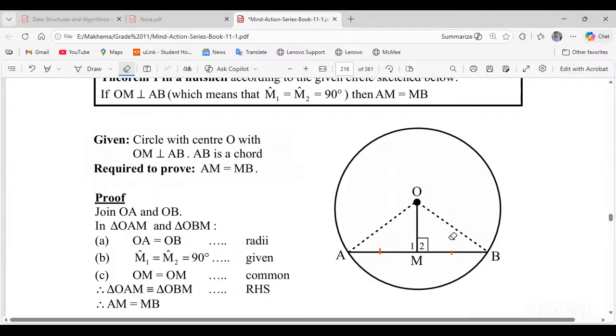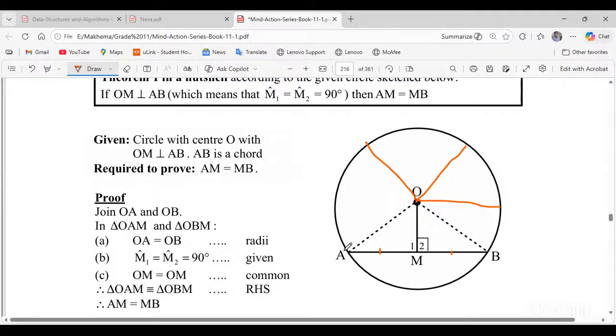The first thing that we know is that OA is the radius and OB is the radius. If the radius is 2 centimeters, also this radius will be 2 centimeters, so OB will also be 2 centimeters.